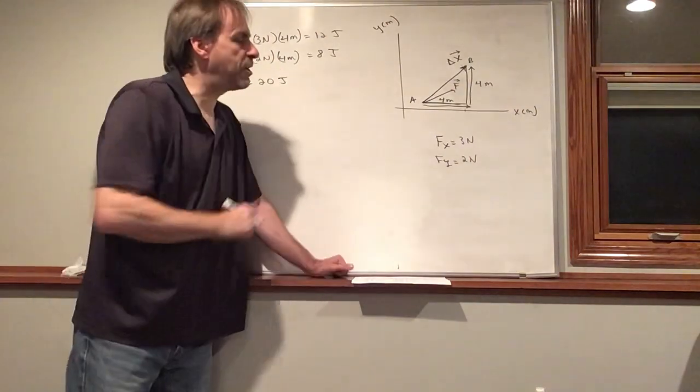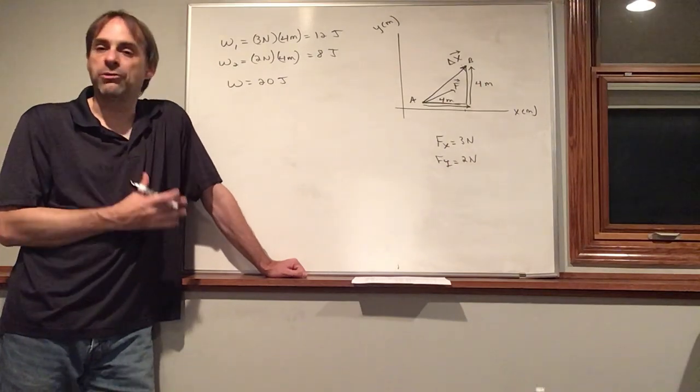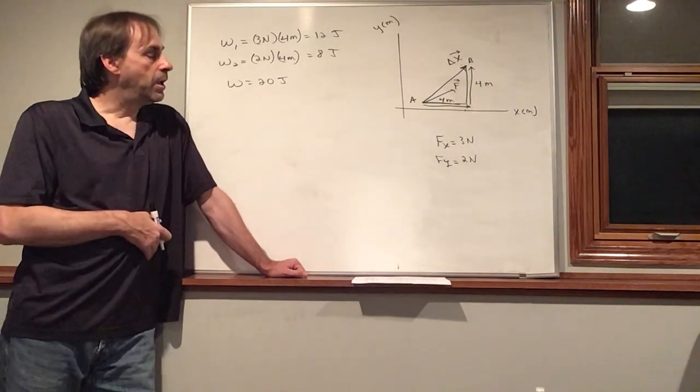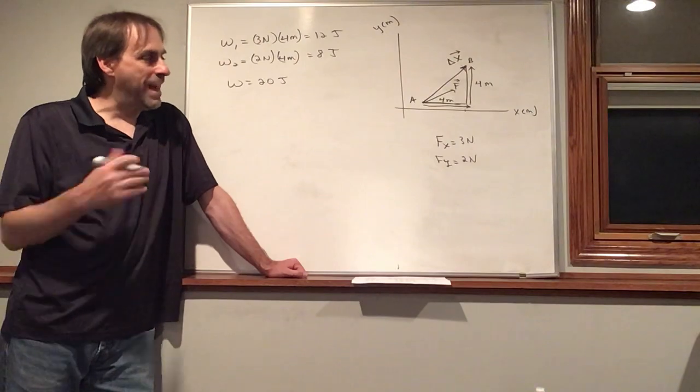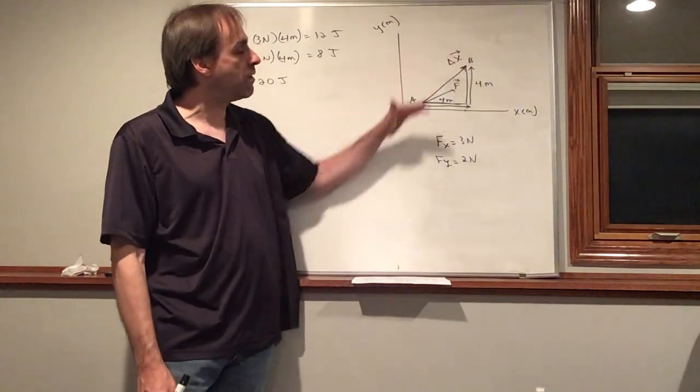So this problem could be fairly challenging if you want to just go straight for the definition. Not that unreasonable, because we know the path of the displacement makes an angle of 45 degrees.